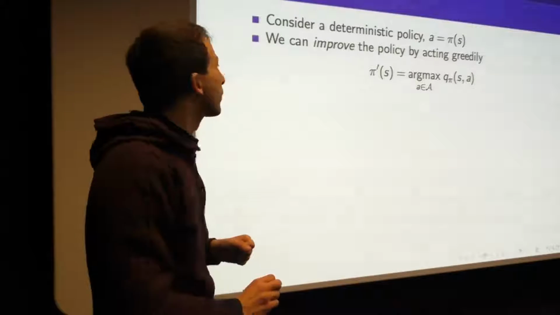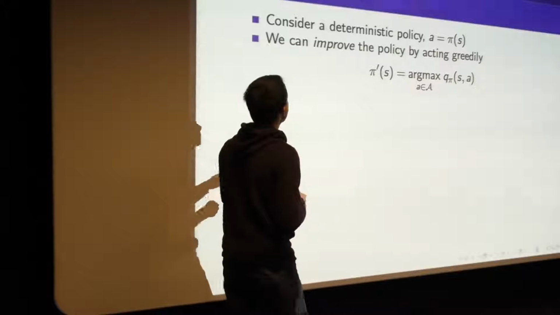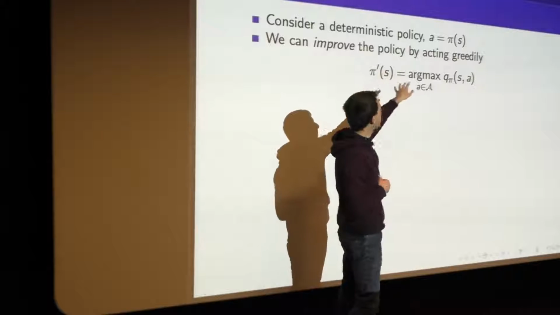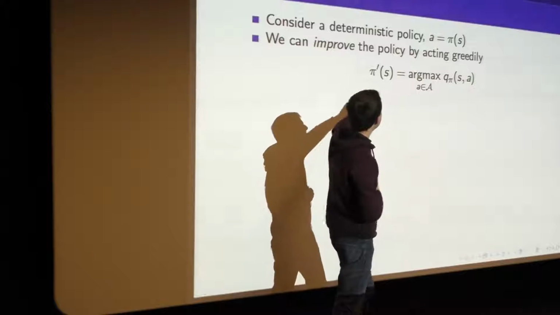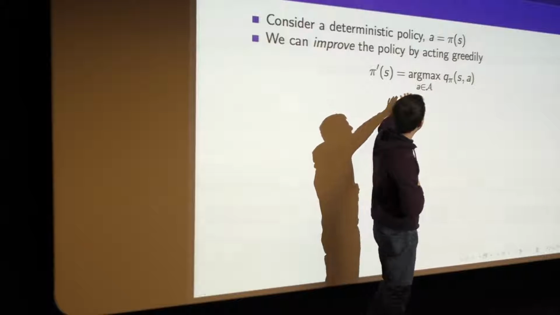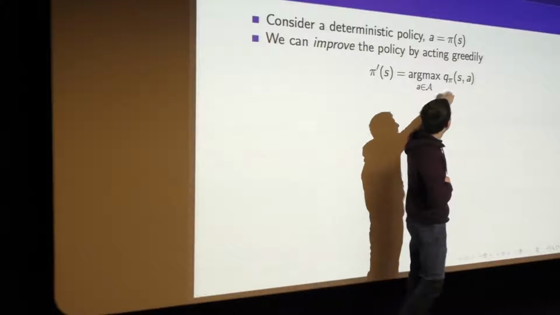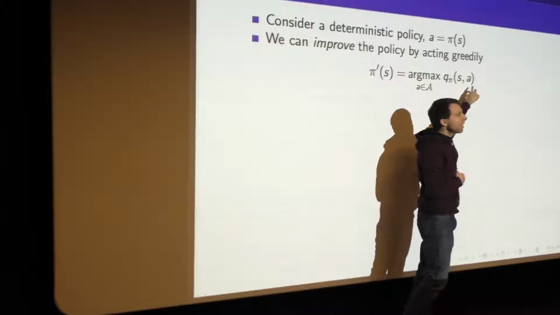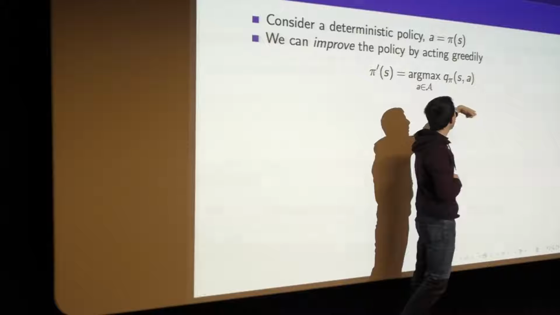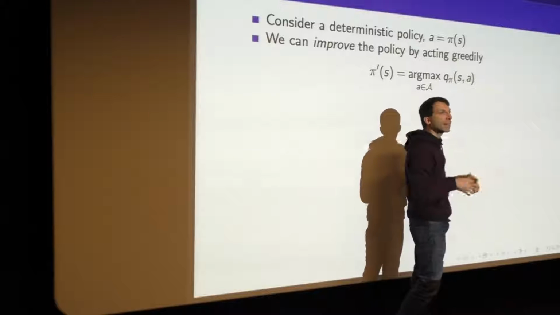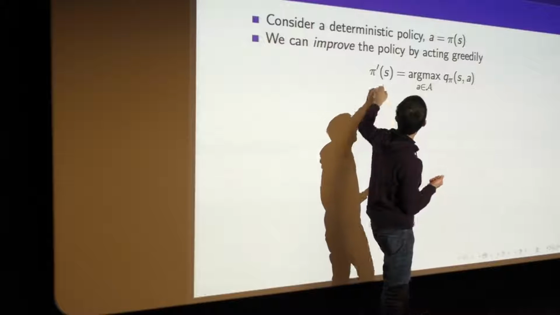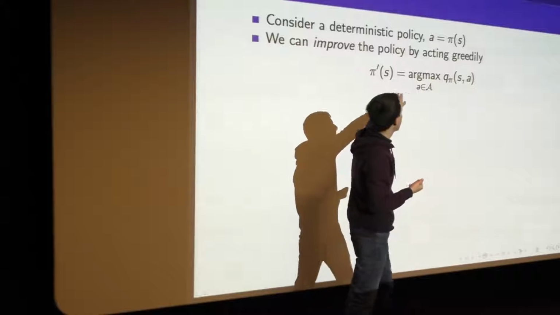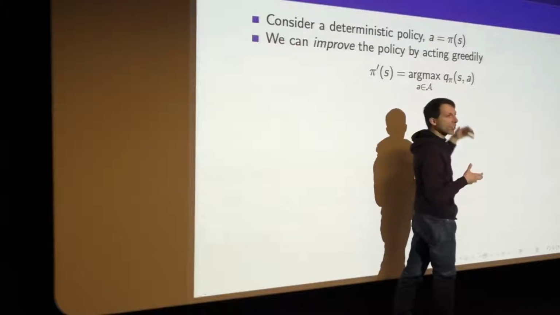And so how do we come up with our new policy? The way we come up with a new policy is by acting greedily. Let's define what that means. Acting greedily means that we look at the value of being in a state and taking a particular action, and then following your policy after that. That's precisely the action value.